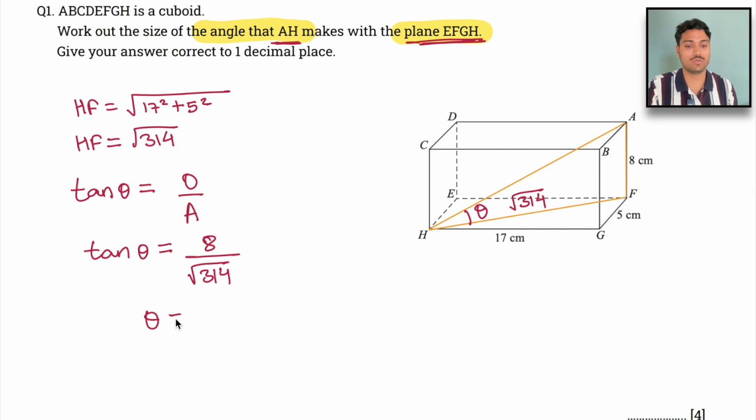So theta is going to be tan inverse of 8 divided by the square root of 314, and substitute this value in the calculator. You will get the answer. So shift tan inverse, 8 divided by the square root of 314.